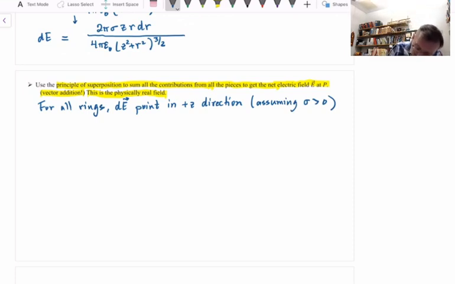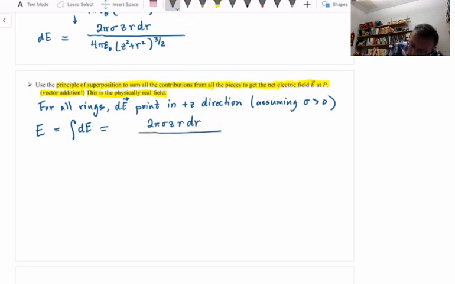Okay, so to get the net electric field at point P, magnitude, which I would just denote E, I add up all the little dEs from all the rings, and that means integrate. So you see that expression right up above for the dE, that's what I integrate: 2 pi sigma z r dr over 4 pi epsilon 0 times z squared plus r squared to the 3/2, integrate.